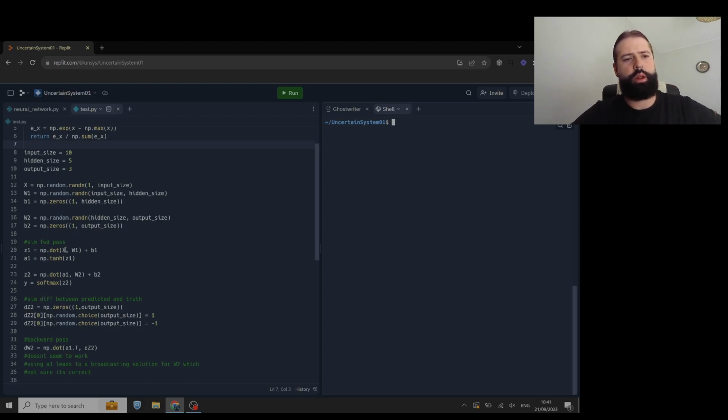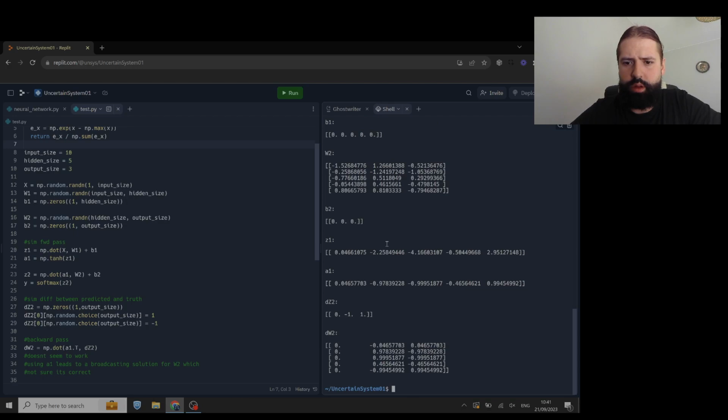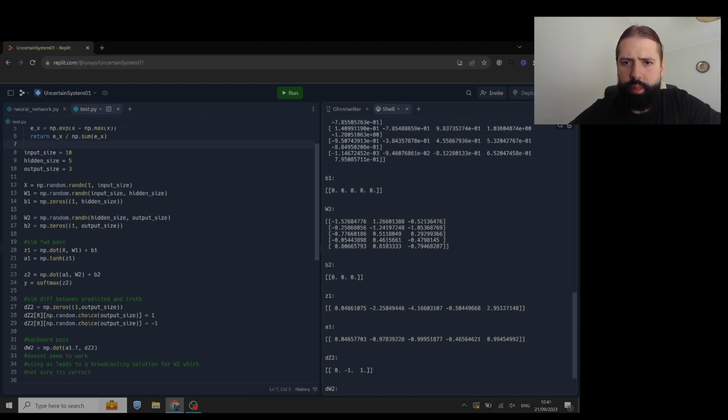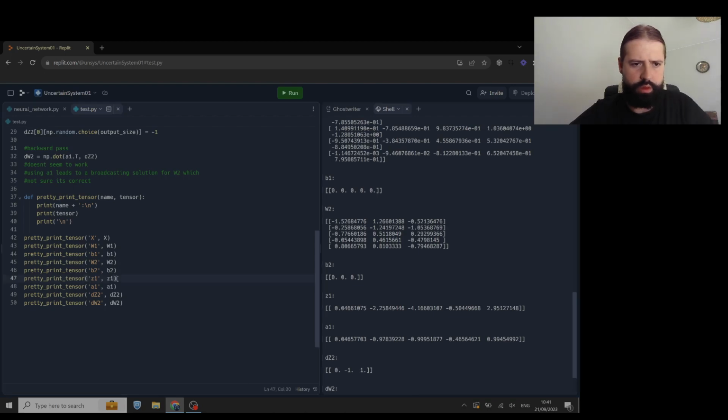So x1 times w1, plus b2, z1, and then we should print z2.